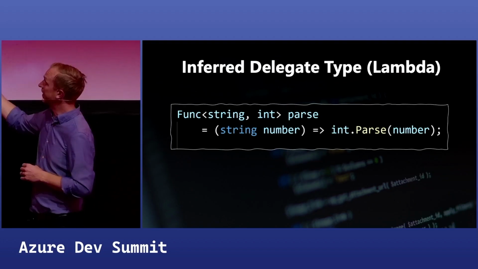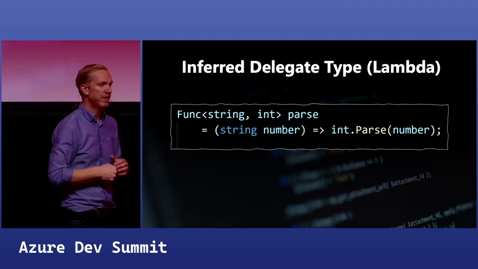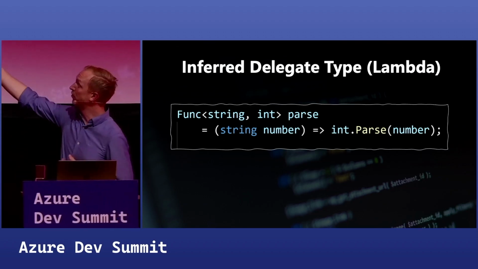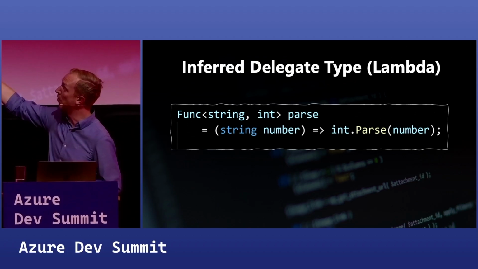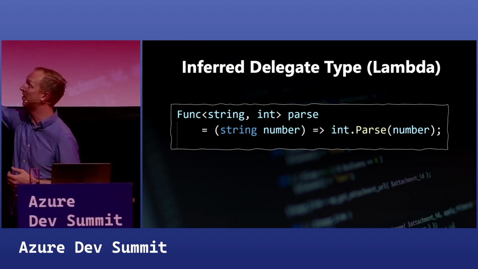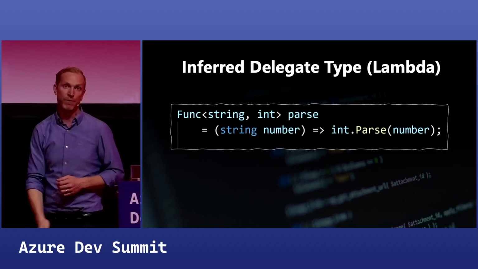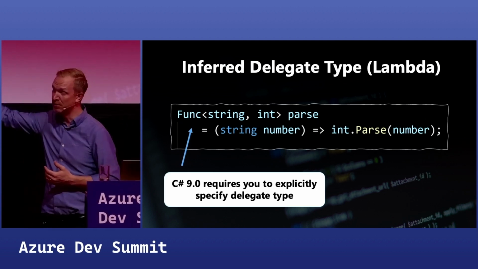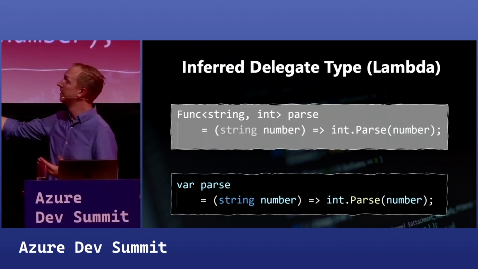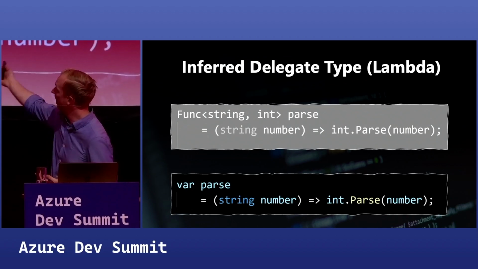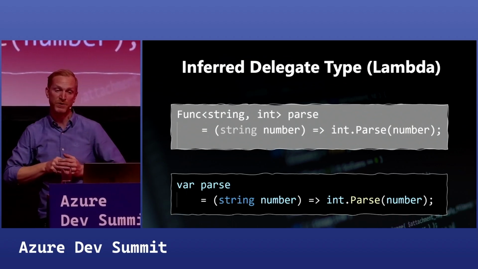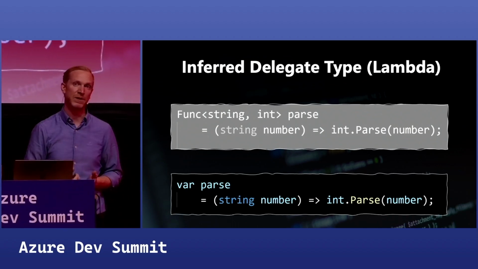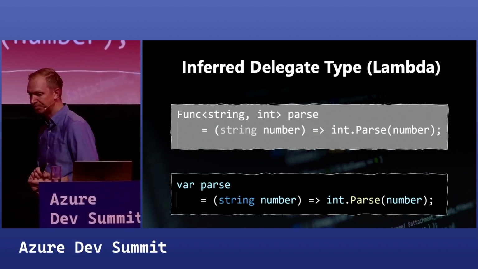Now, in terms of inferring the delegate type, this is nice, because now I don't have to write this funky piece of code anymore. I don't have to specify exactly what func is returned from this anonymous method. Instead of doing this like I had to do in C# 9, I can simply say var parse, and then I have the declaration of my anonymous function. And it just determines exactly what lambda to use here.